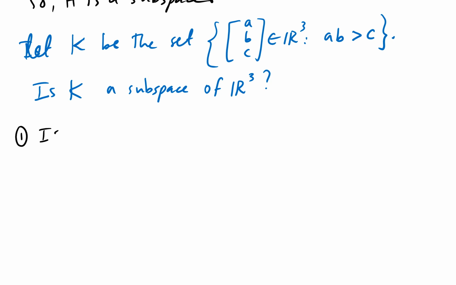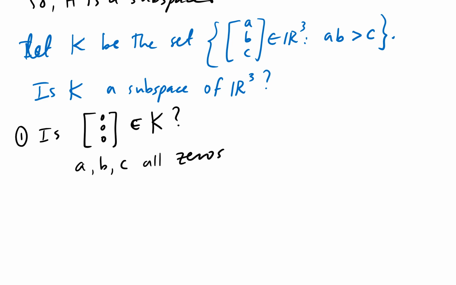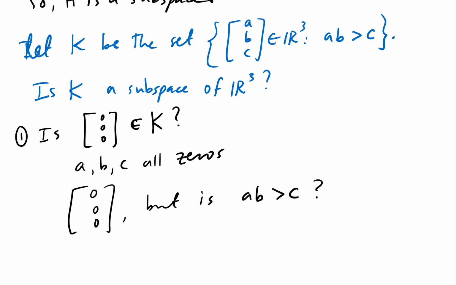Is the zero vector 0, 0, 0 in K? Well, if we take A, B, C all zeros, then we get the zero vector, but is the condition A times B bigger than C satisfied?